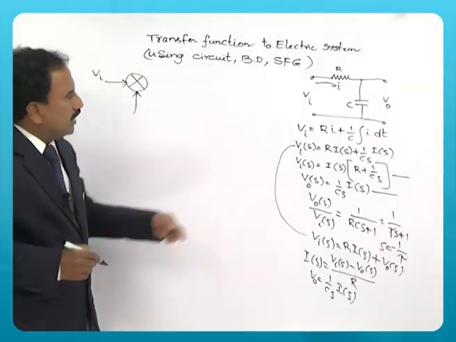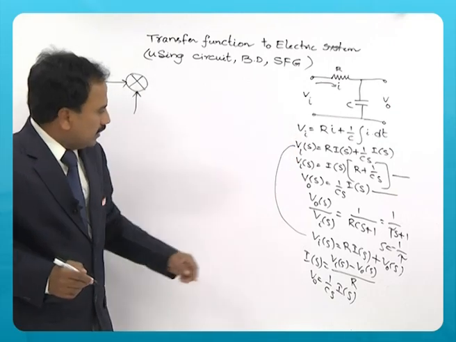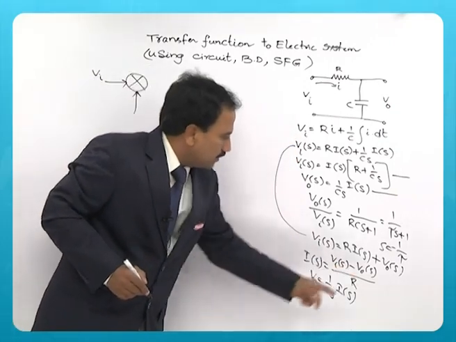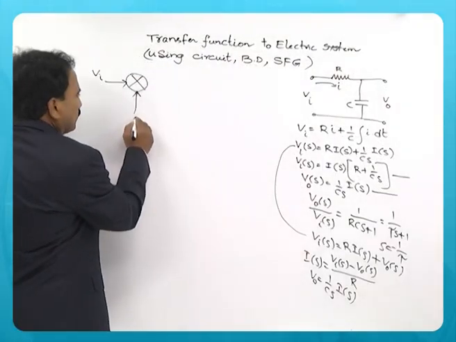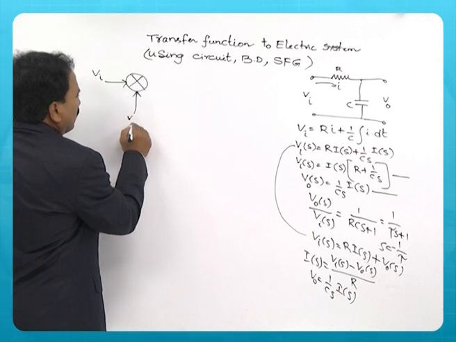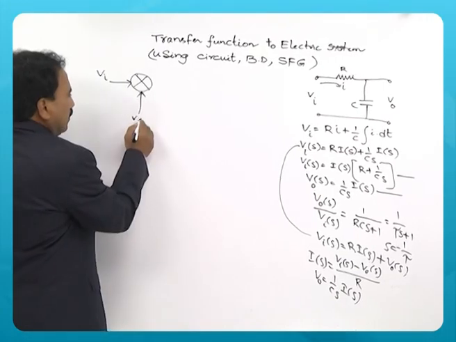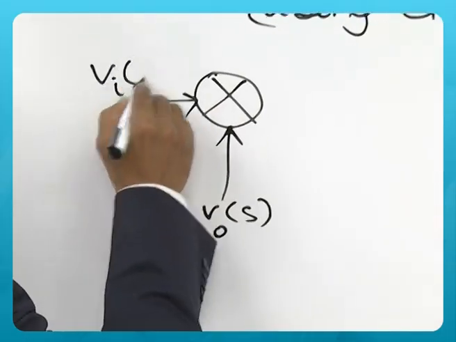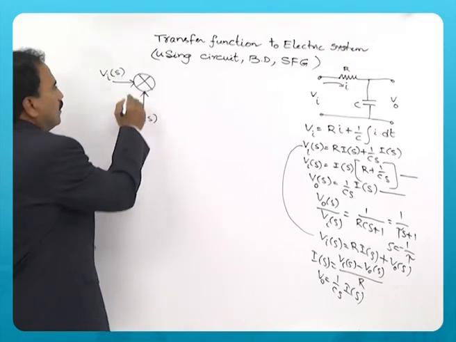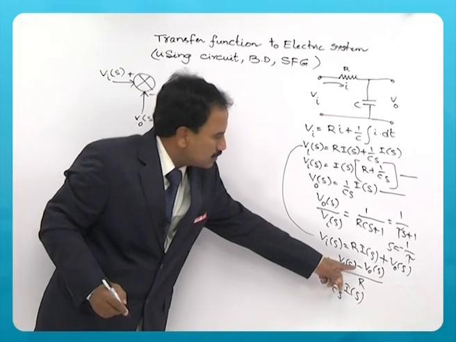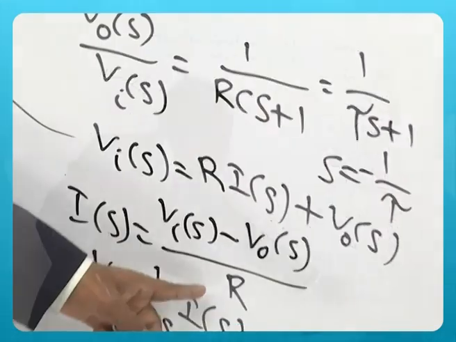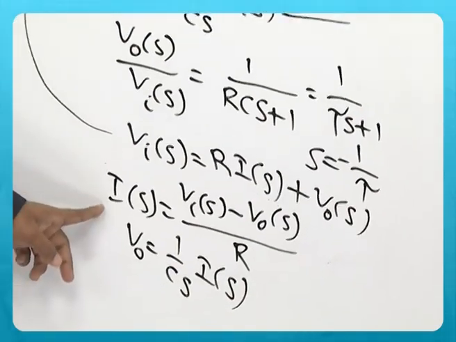The input voltage is Vi and the output voltage is V0, and if I want to get the current I of s, this must be V0 of s and this must be Vi of s. So with plus and minus, you can see here Vi of s minus V0 of s divided by the resistance gives the current.